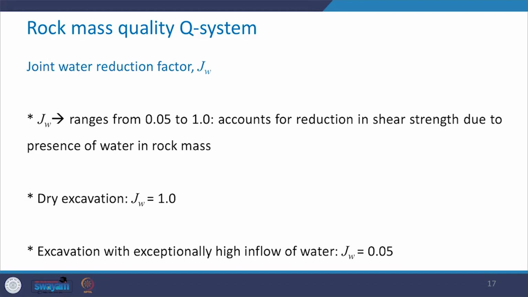This ranges from 0.5 to 1.0 and it accounts for the reduction in shear strength due to the presence of water in rock mass.